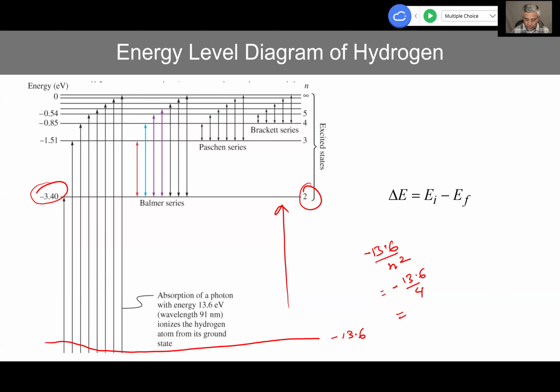Okay, so you divide this negative 13.6 by 4, you get this. You divide this by 9 for n is equal to 3, you get this, and so on. So you now know the energy of all these orbits, the ground state and all the excited ones. Okay, and rather than drawing in circles, they are drawn as straight lines to visualize. So that's what you see.